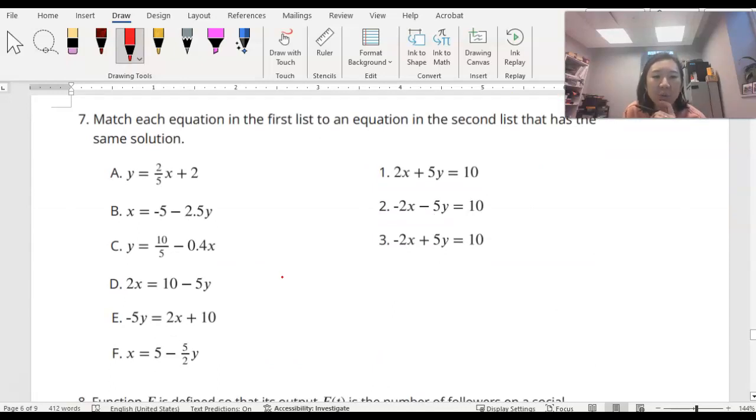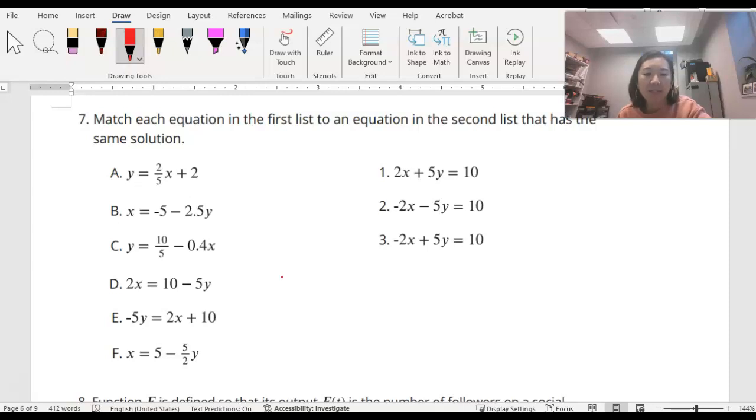Number 7 says match each equation in the list to an equation in the second list that has the same solution. So this is a review for you to find your equivalent expressions and equivalent equations. And so let's look and see what we have here. In this one, we have all positive values, and we have x and y on the same side.